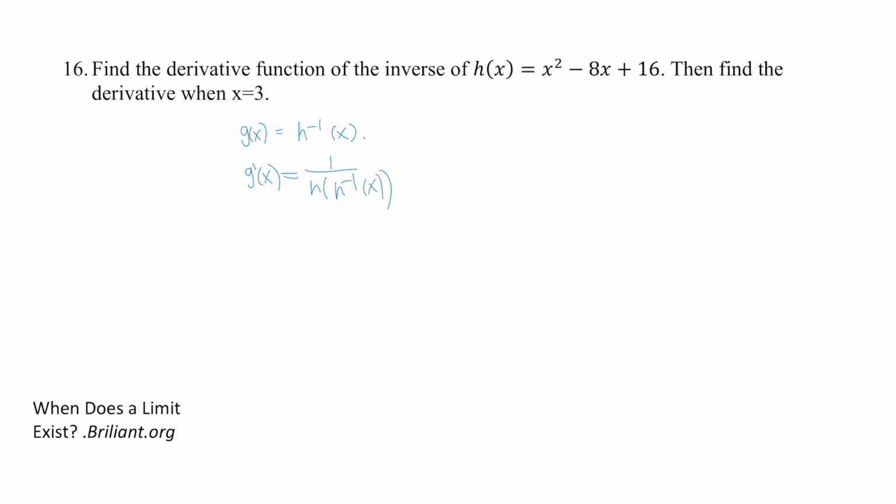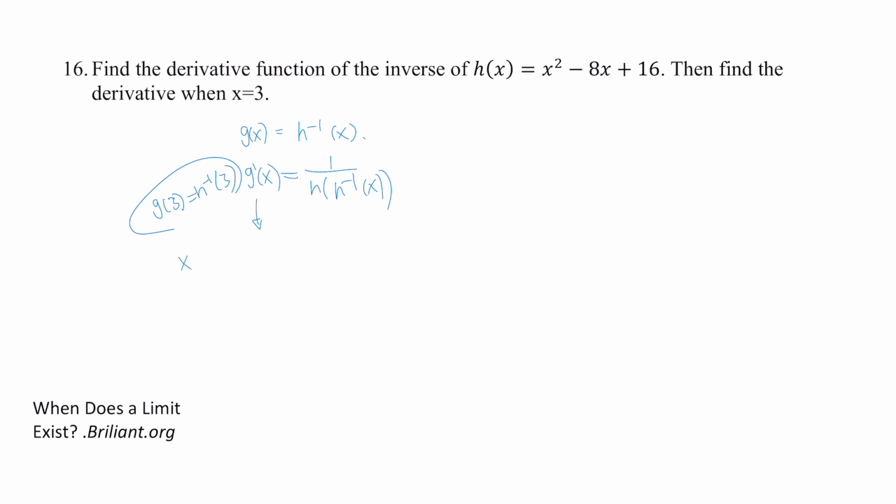Okay, so this is basically the derivative function based on the formula. And then find the derivative when x is equal to 3, right? So when g of 3, then h inverse of 3, right? So that means that we have to find when h of x outputs a 3, right?